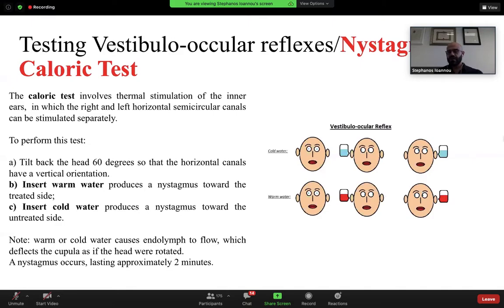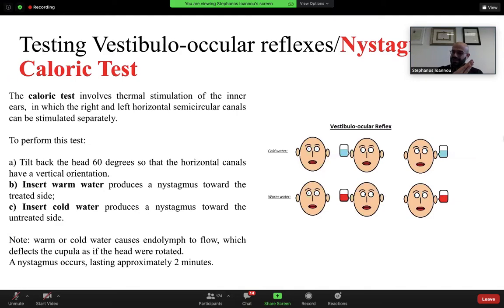If the fluid, or the membrane, goes into a constriction, then the cupula will bend towards the side of the semicircular canal.